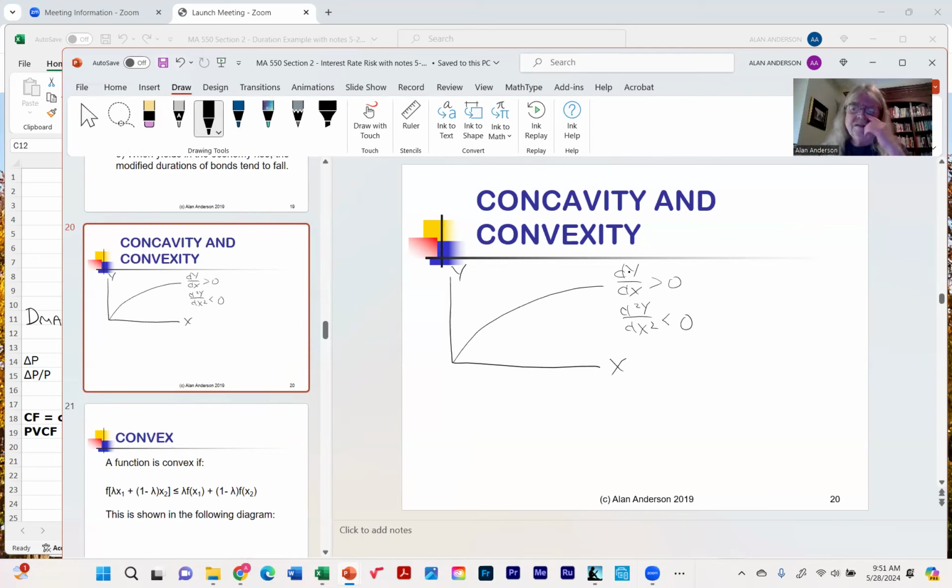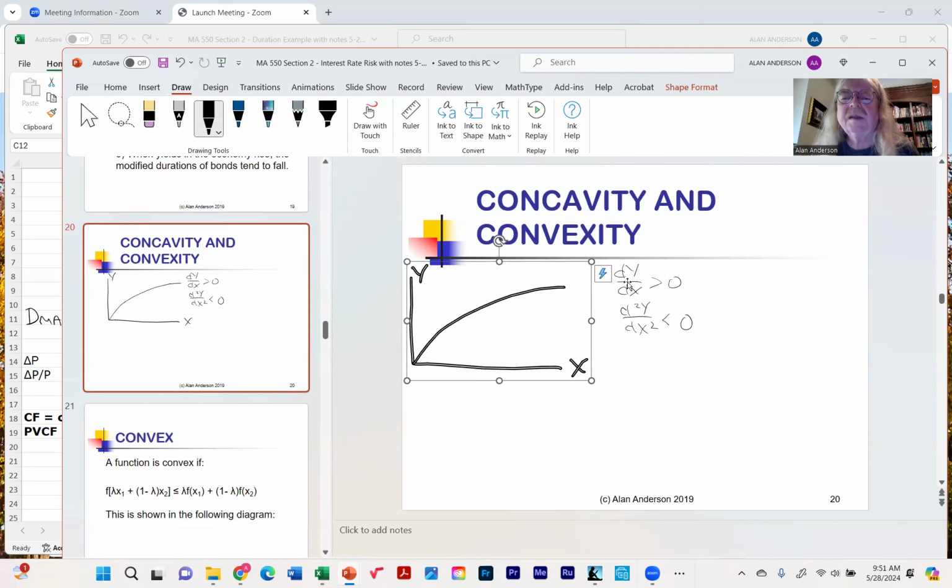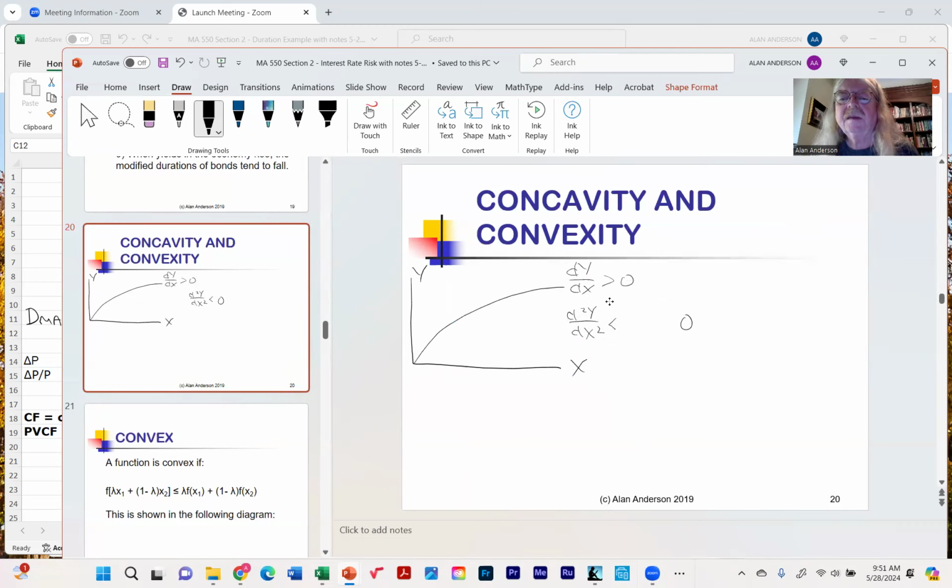So here, if you notice, the slope is increasing, but at a decreasing rate. So the first derivative is positive, the second derivative is negative. Okay. Now, I'm not sure if I have enough room for this. I'm going to try to see if I can squeeze in all four cases here.